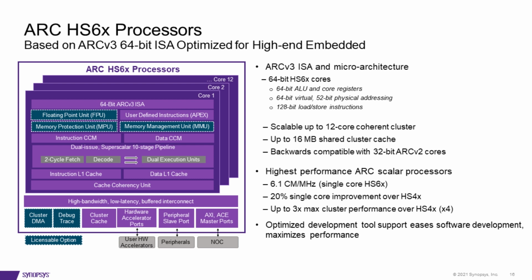From a performance perspective, we have single core performance of 6.1 CoreMark. And then obviously, by supporting a scalable multi-core architecture, that can scale to a much higher overall CoreMark performance. Overall, we see that this cluster performance for these 64-bit cores is a pretty significant boost over what we can provide with, say, a quad-core HS4X today.